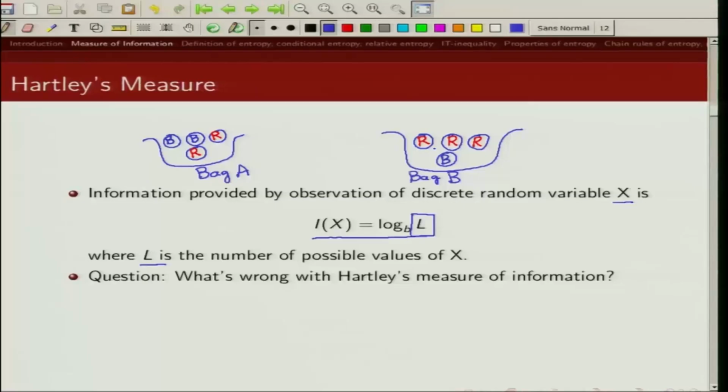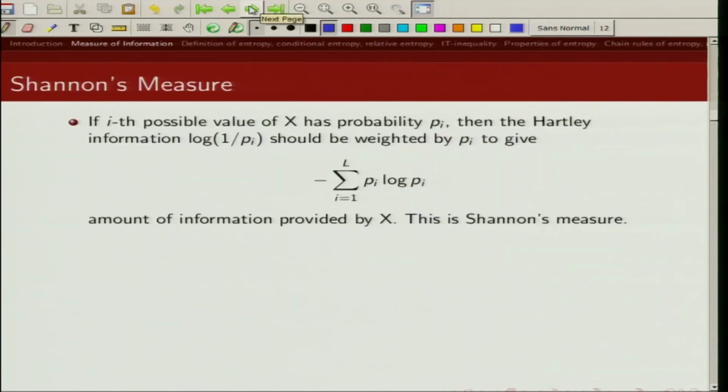Hartley missed this crucial piece of information, which is how frequently these events are happening. So that was taken care of in Shannon's measure of information.